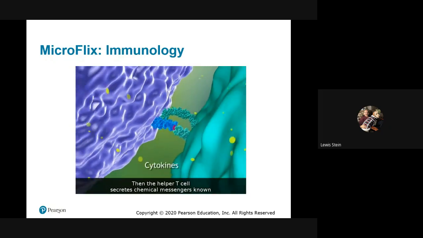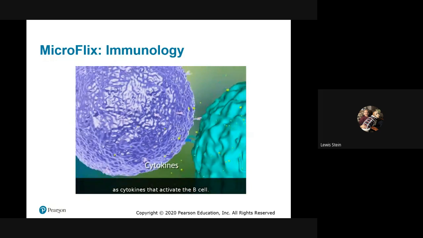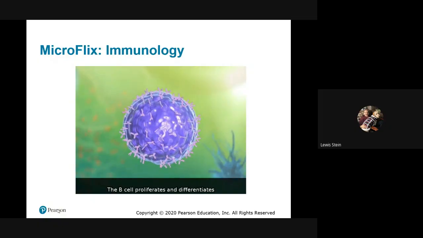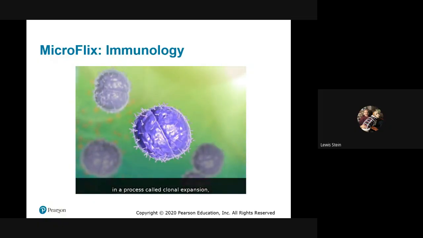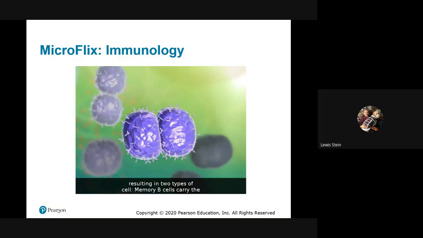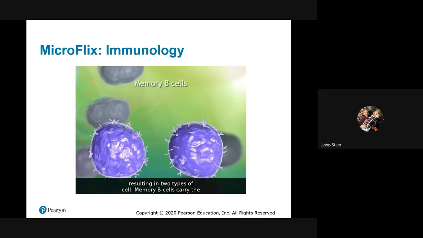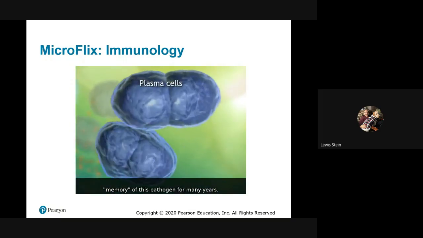Our mature helper T cell recognizes the rhinovirus epitope with its TCR and the MHC2 with its CD4. Then the helper T cell secretes chemical messengers known as cytokines that activate the B cell. The B cell proliferates and differentiates in a process called clonal expansion, resulting in two types of cell. Memory B cells carry the memory of this pathogen for many years.